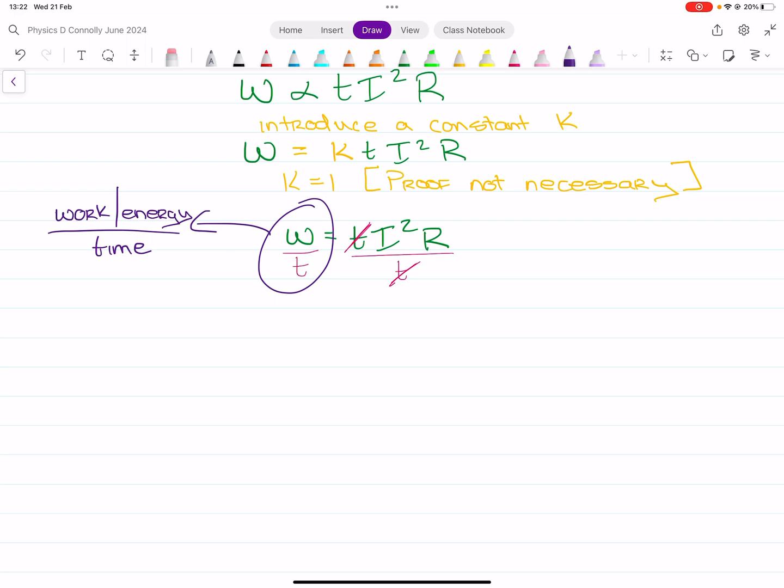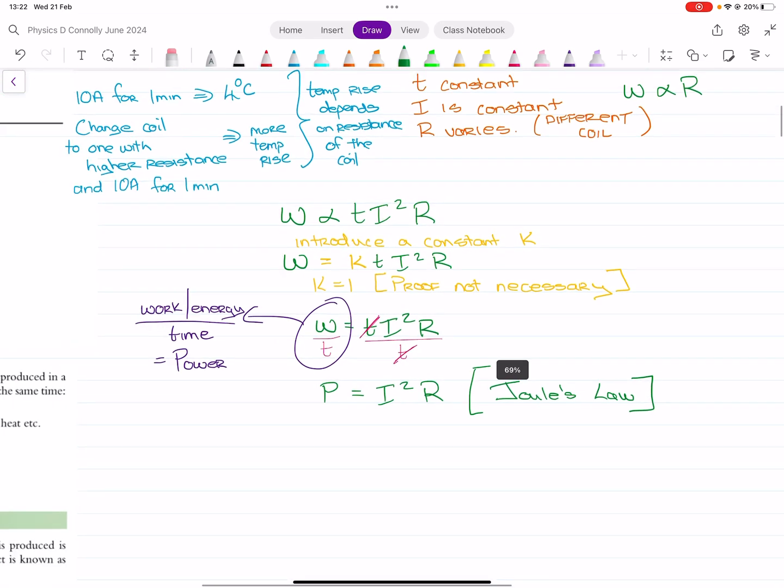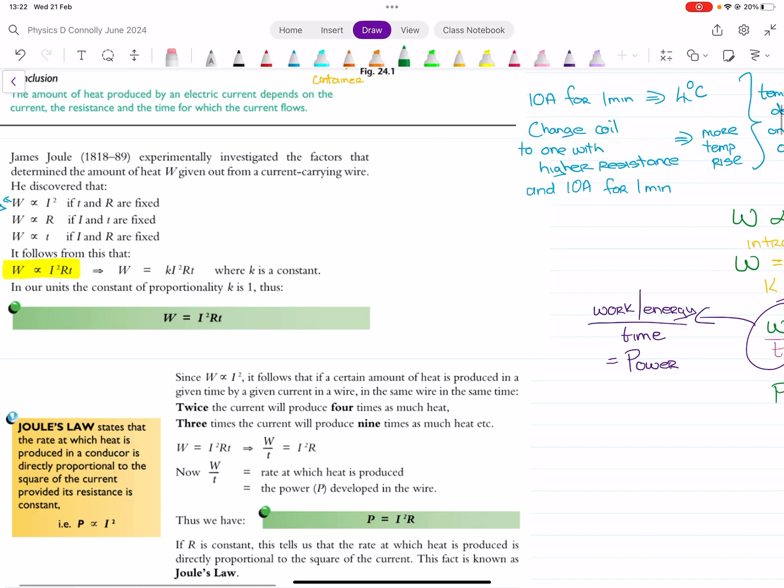Hopefully that's familiar, but work or energy over time is power. So we get P is I squared R. And that's Joule's law.